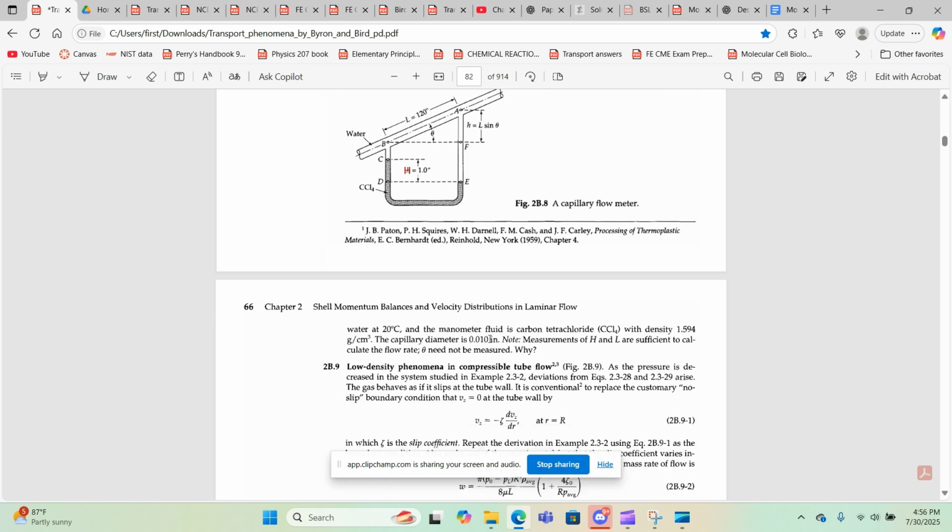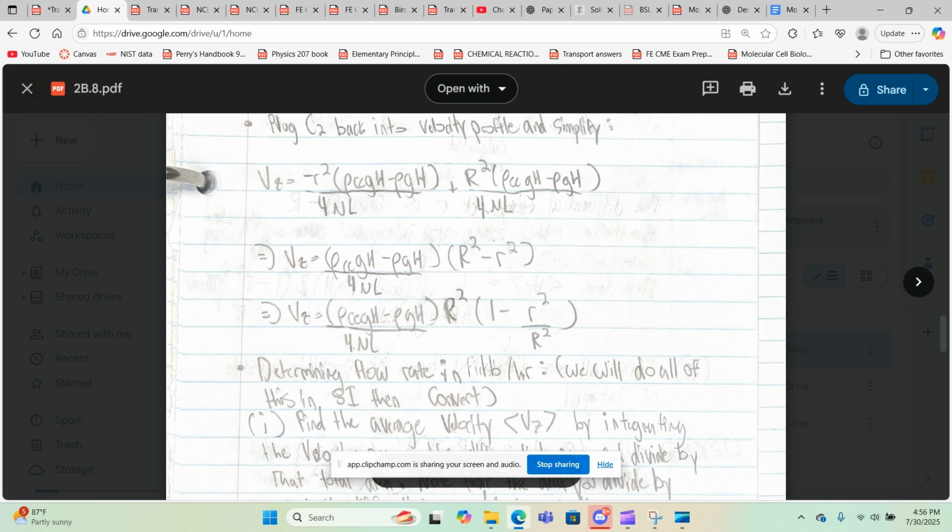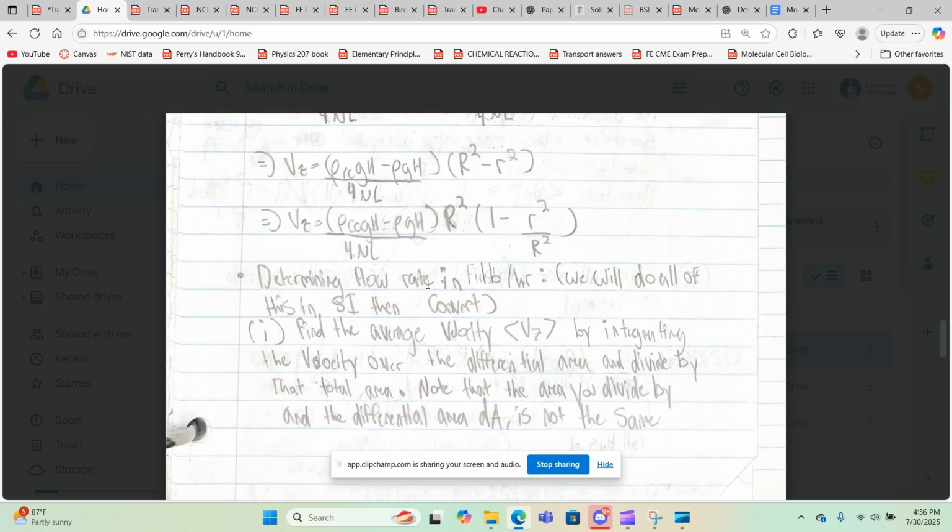What is it asking for? Yeah, mass flow. So we're going to need to convert this to a mass flow equation.